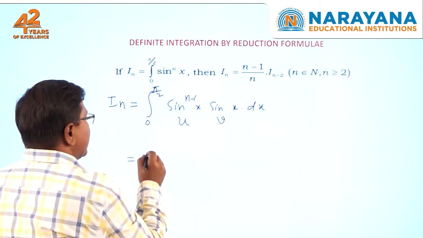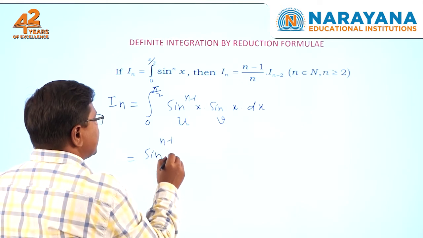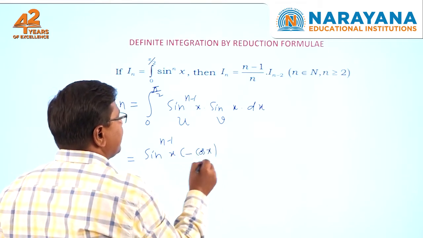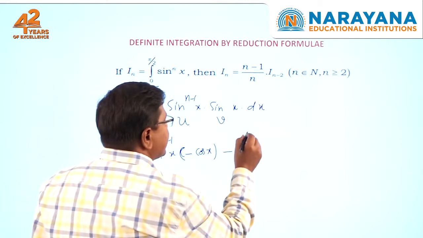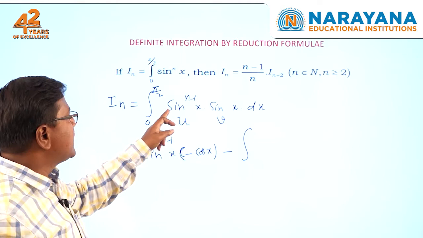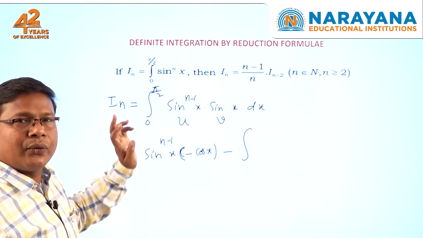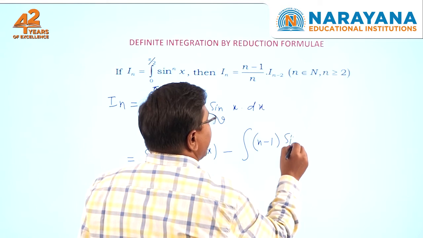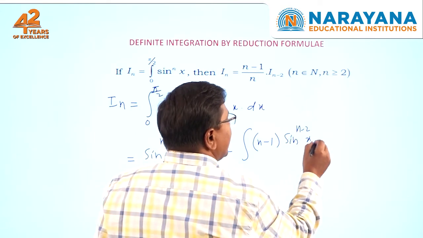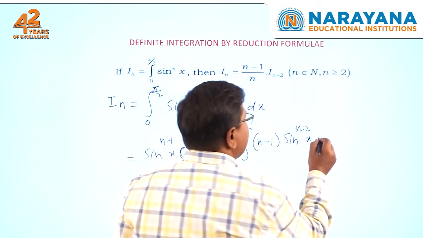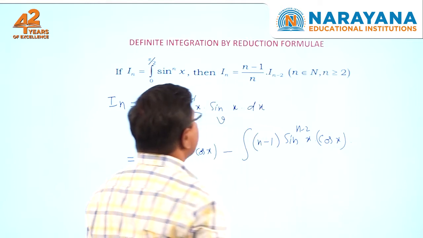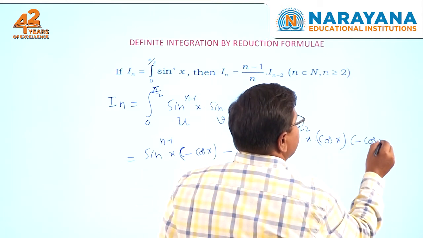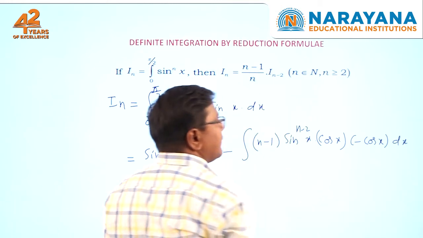Then it equals sin power n minus 1 x into integration of sin x, which is minus cos x, minus integration of the derivative of the first function, that is n minus 1 into sin power n minus 2 x into the derivative of sin x, which is cos x, into integration of sin x, which is minus cos x, dx.